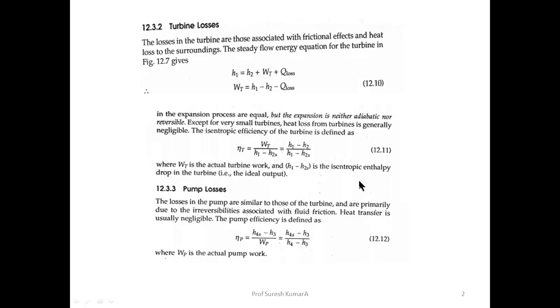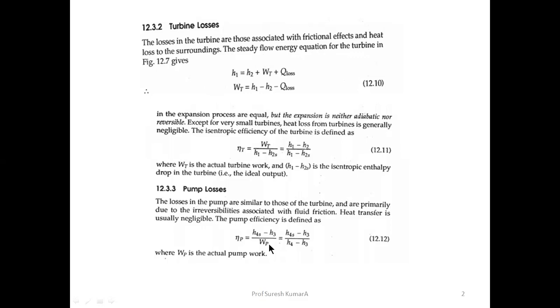Next, coming to the pump work, similarly the losses associated with pump work are similar to those of the turbine, and are primarily due to the irreversibility associated with fluid friction. So usually there will be frictional losses, and heat transfer taking place to the surroundings also. The pump efficiency is given as isentropic pump work to actual pump work.